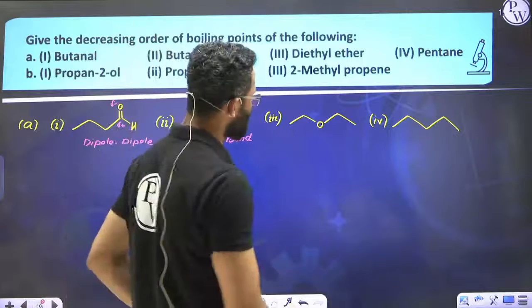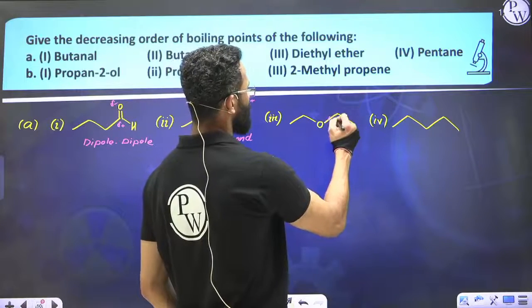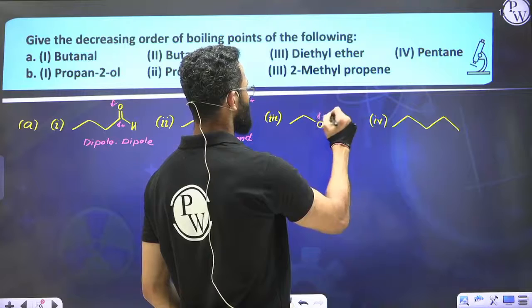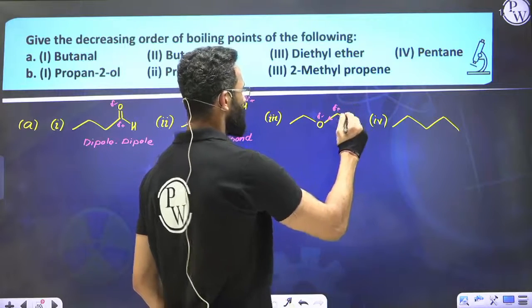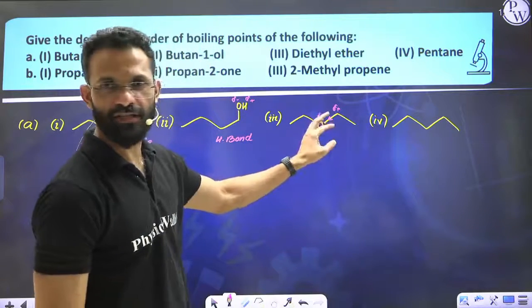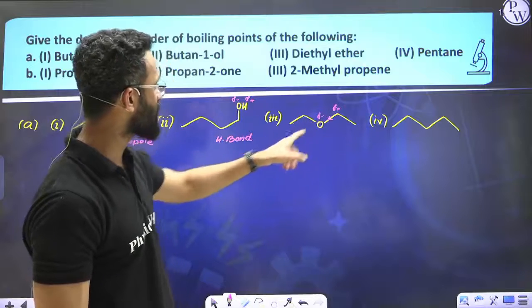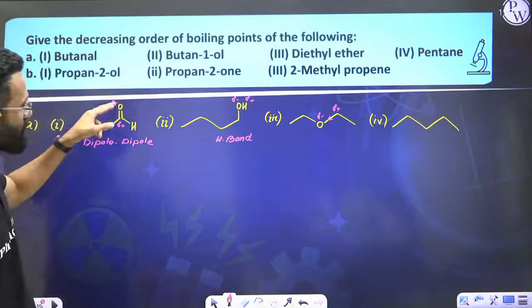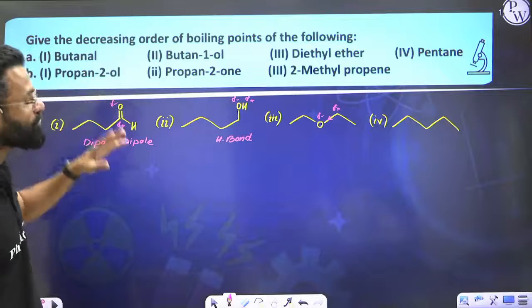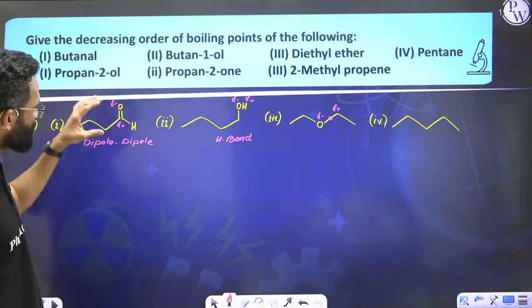In case of ether, oxygen is connected to a carbon atom, oxygen carries delta minus and carbon carries delta plus. But this polarization is not as strong as it is in the case of carbon bonded to oxygen via a double bond. So dipole-dipole interaction will be stronger in the aldehyde.